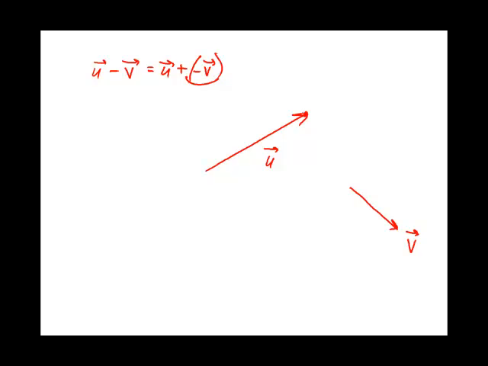So I draw like this. This is minus v. It is parallel to v, goes in the opposite direction, and has the same length as v. And then you connect the starting point of the first vector and the end point of the second vector. This is u minus v. Is it clear, guys?